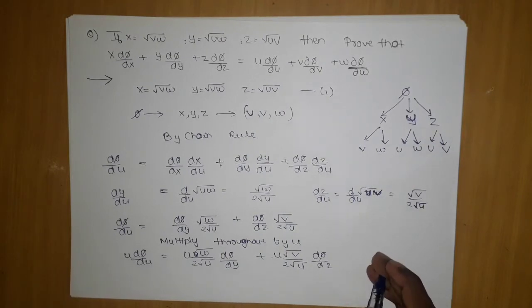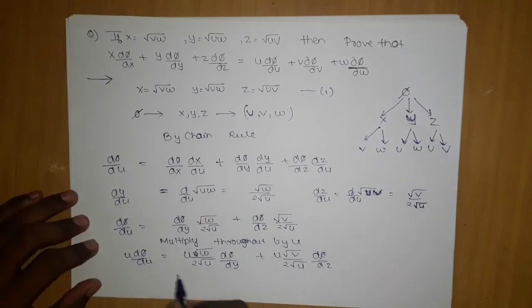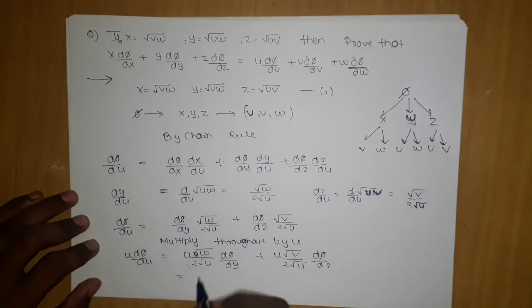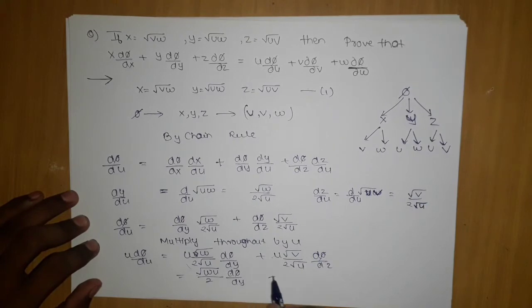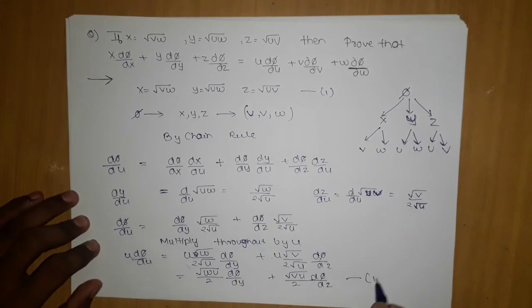Now in the next step, we need to rationalize this. If we rationalize this, in the bottom only 2 will be present, so it will just reduce our job. So we are going to get under root wu by 2 dou phi by dou y plus under root vu by 2 dou phi by dou z. So we got this thing. Keep it as 2.